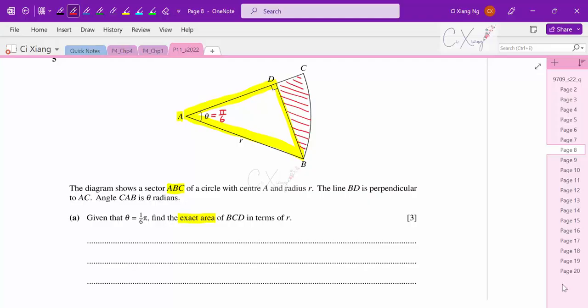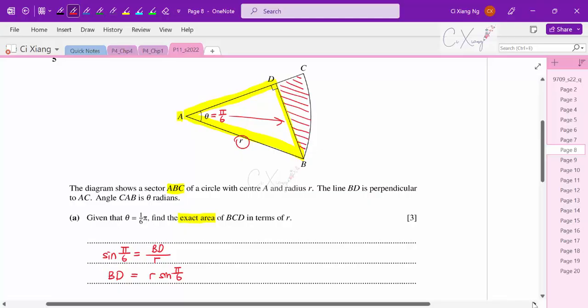As an example, sine pi over 6 is the opposite length divided by the hypotenuse. The opposite length is BD, and the hypotenuse is R. Therefore, you get BD in terms of R, which is R sine pi over 6.